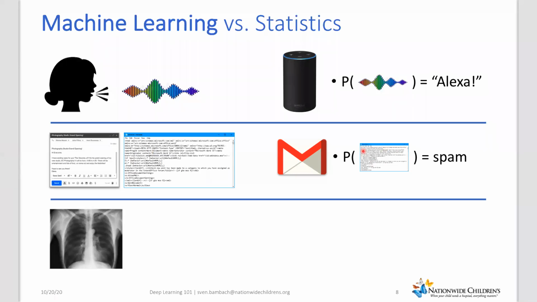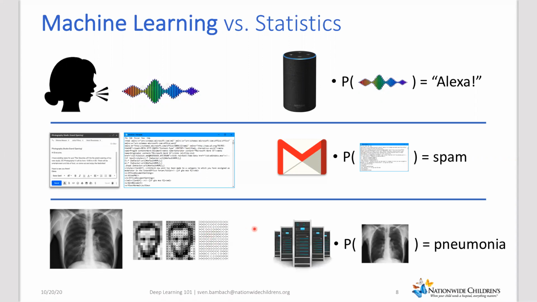Final example, let's say you have a chest X-ray. What is a digital chest X-ray? What is a digital image, right? Well, in the end, it's just a matrix of numbers, right? If we interpret these numbers as grayscale values, we can kind of look at them and it makes sense to us, but really to the computer, we just have a whole bunch of numbers.